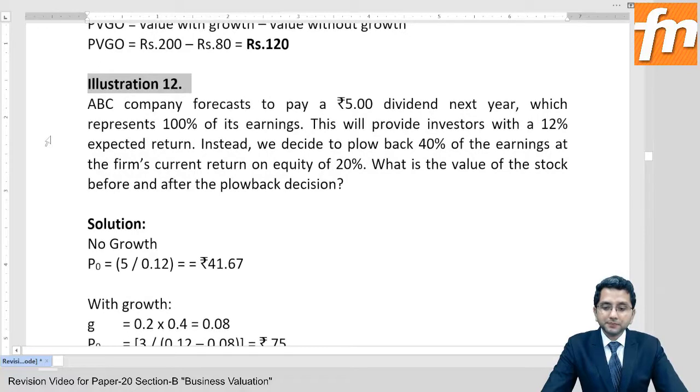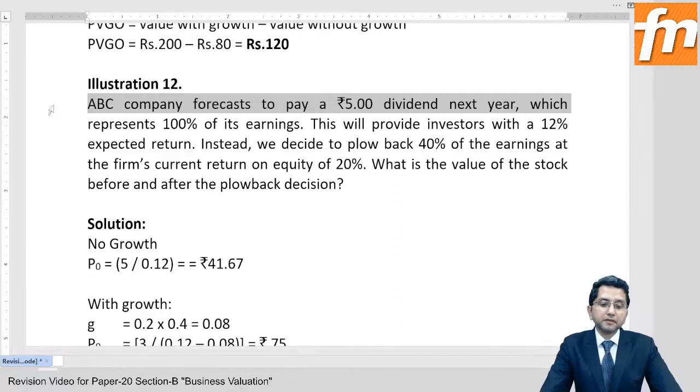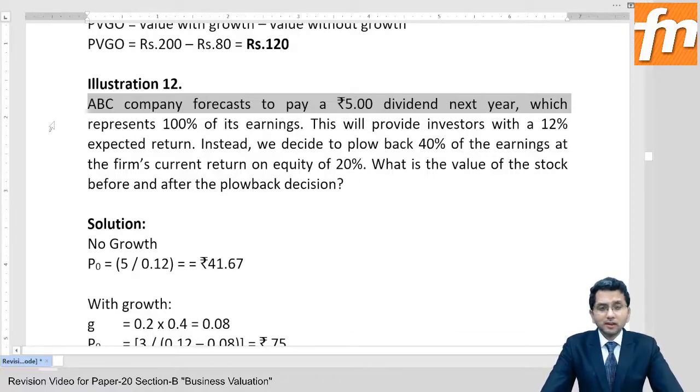Illustration 12. ABC company is forecast to pay rupees 5. It's not 500. It's 5 rupees dividend next year. Okay. This is not D0. This is D1. In Gordon's model, we need D1 only. For a growing perpetuity, we use Gordon's model.